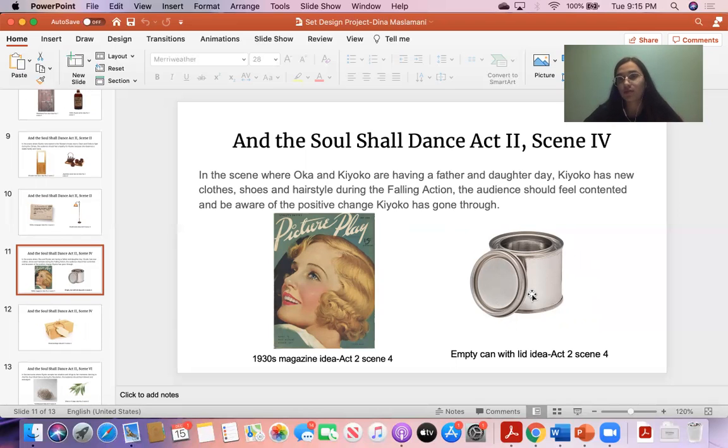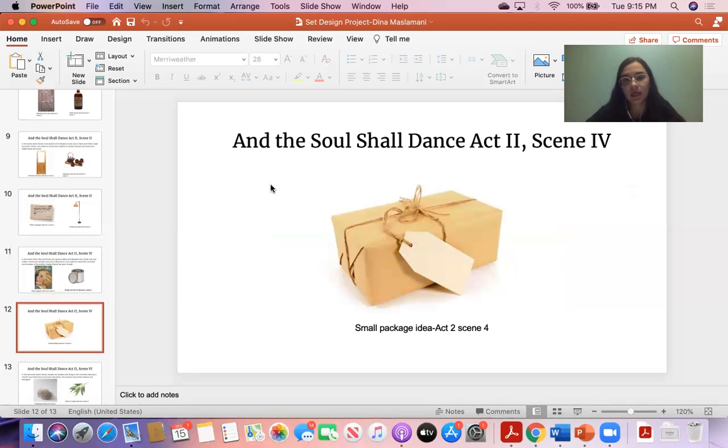And she holds it in her hand empty, and with the other hand the lid. So this is an idea of what I want it to look like. And lastly, in the scene, Kyoko carries a small package, and I think it will look really simple, and that's it.